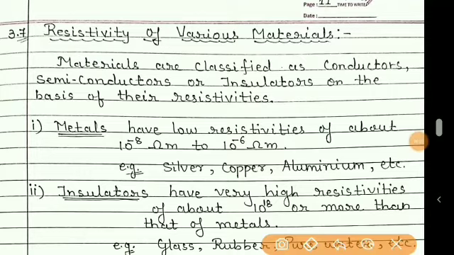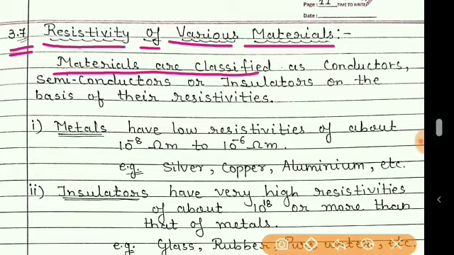Now next topic, topic number 3.7, resistivity of various materials. Now students, we know that the materials are classified as conductors, semiconductors and insulators. These materials have different resistivities in them.